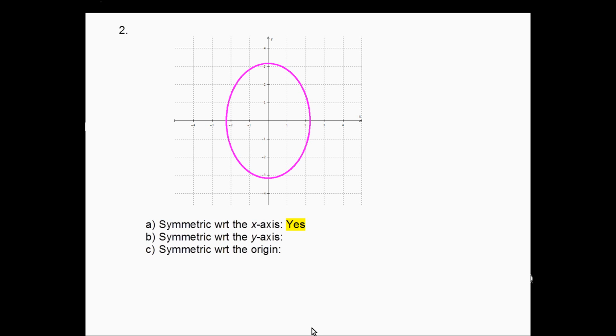For part B, symmetric with respect to the y-axis. If I fold along the y-axis, will the left side of the ellipse match up with the right side of the ellipse? Yes. And for symmetric with respect to the origin, if you rotate it through 180 degrees or stand on your head, you get the same thing. But again, remember, if you get 2 yeses, the third one has to be a yes.